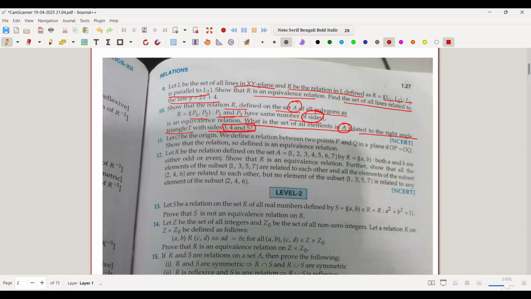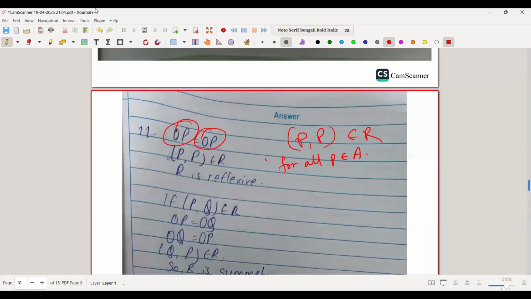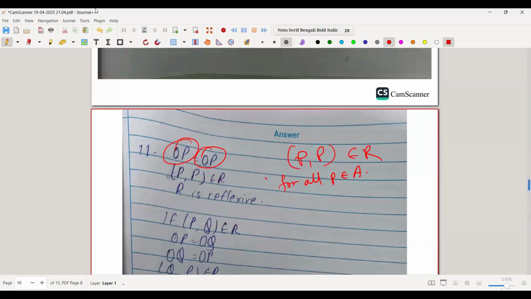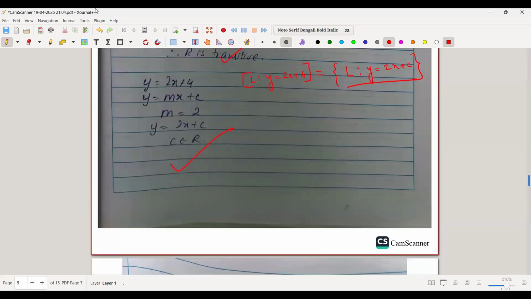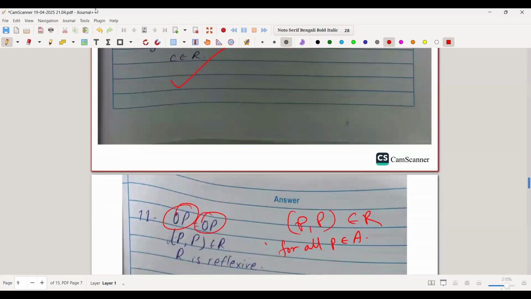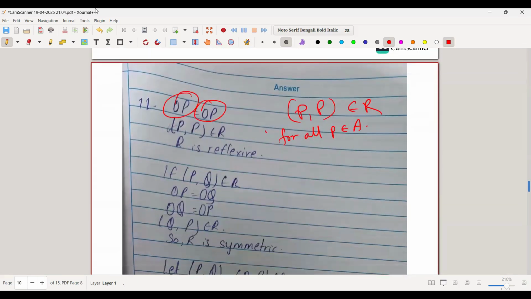This is a good problem. Okay, so where is 11? This is 11.